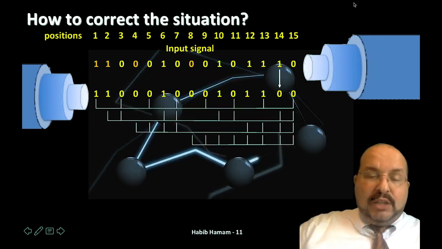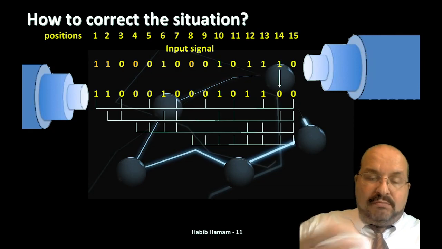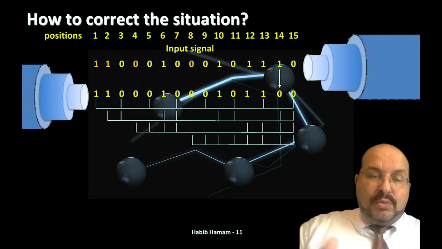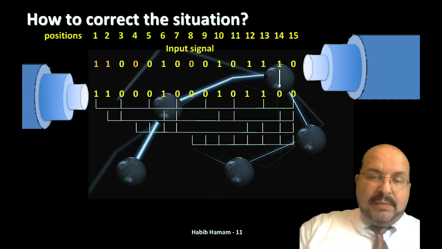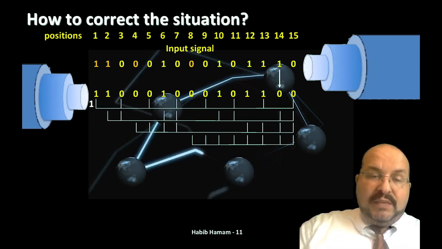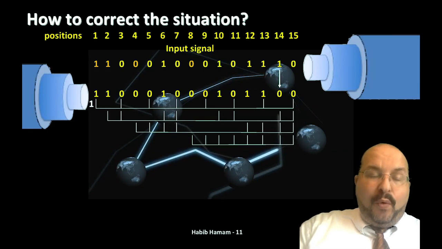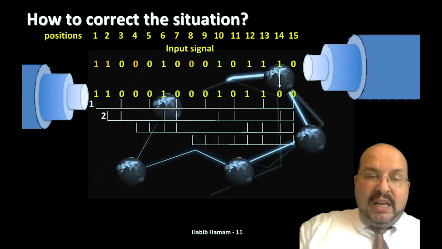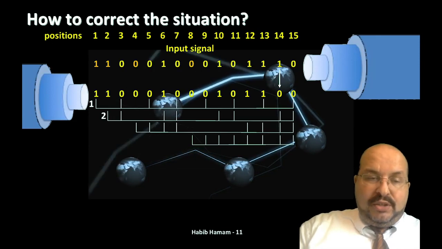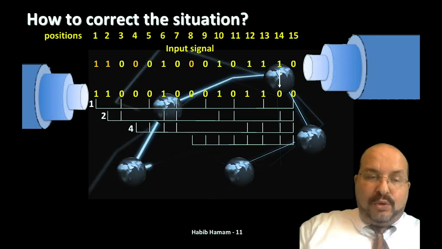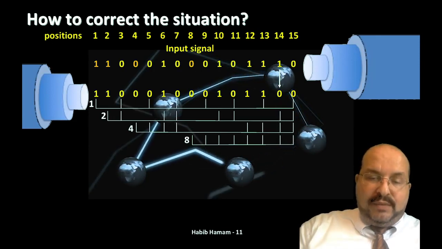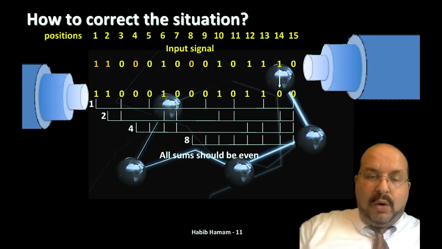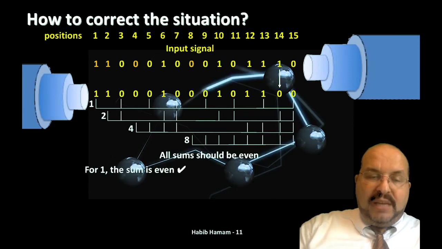And now I do the same scheme. Select 1, jump over 1, then start by 2, select 2, jump over 2, the same thing, and it should give even values. So for the redundancy bit at position 1, I have to do this checking for 2, for 4, for 8, for all redundancy bit positions. All additions should be even.